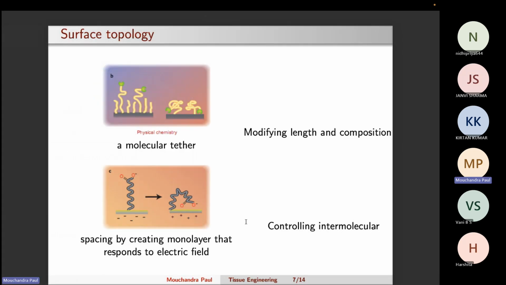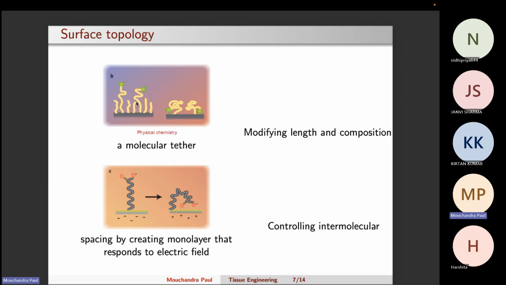Another way is, whatever functional group that you have added onto your polymer, so these green structures are some functional group, and those are connected with your surface with some long linker molecules, say carbon hydrogen bonds, etc. So you can modify the length of that linker. Okay, so in doing so, what will happen?